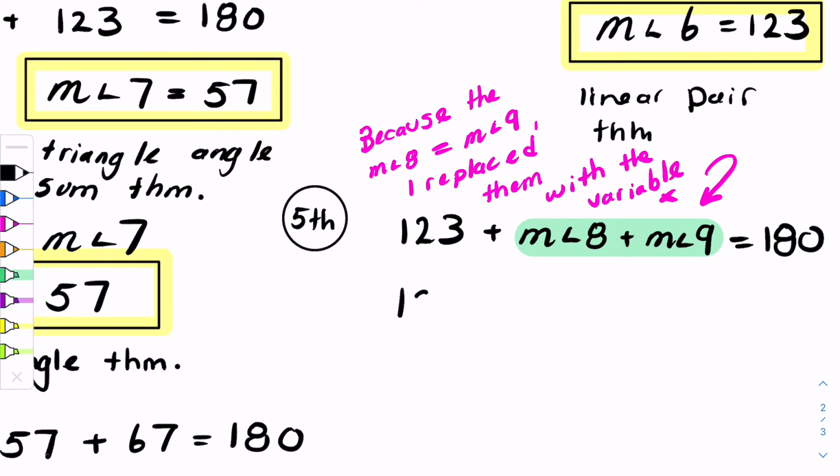That means I'm going to write 123 plus x plus x, replacing each angle measure with x, is equal to 180.